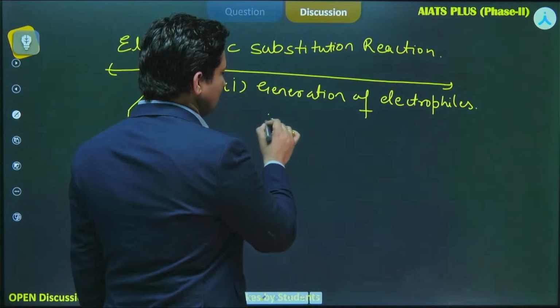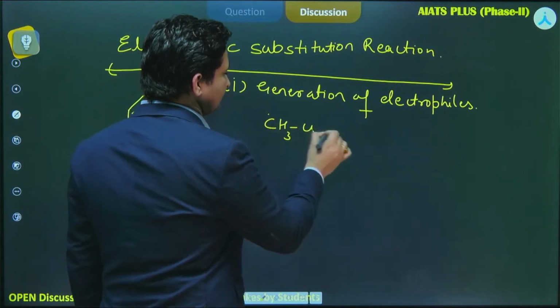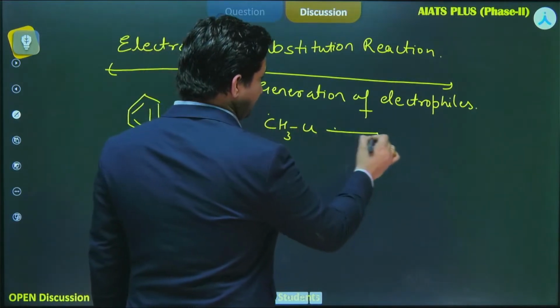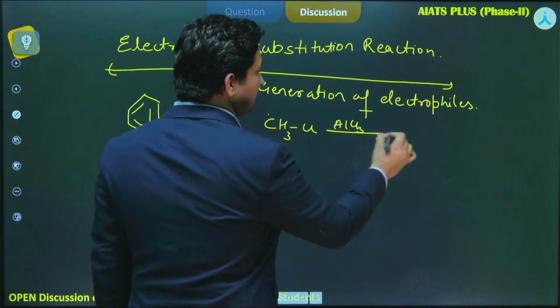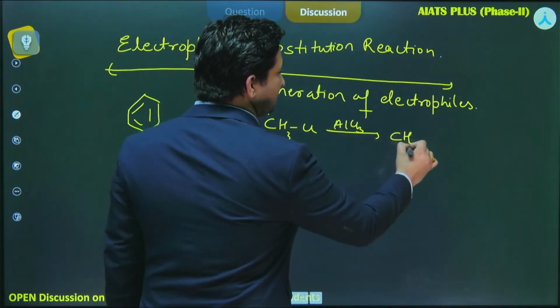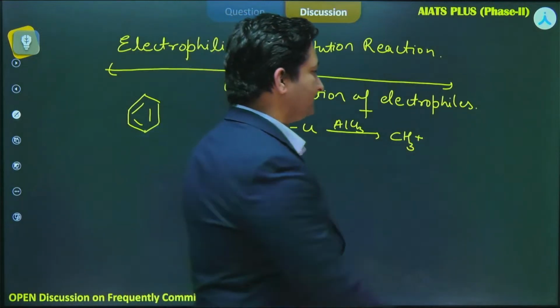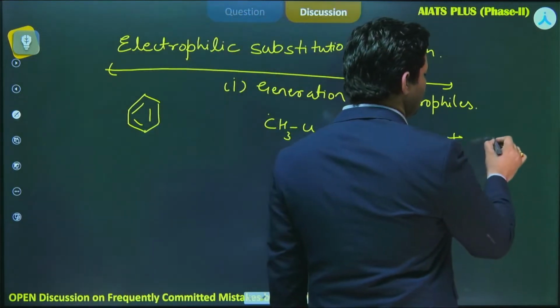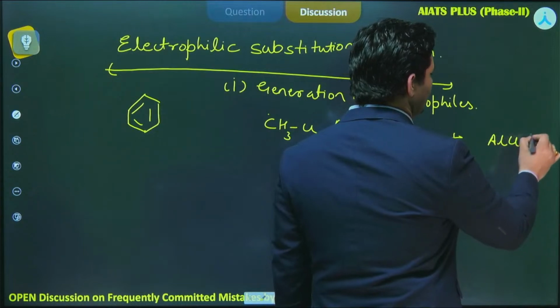So what will happen? This CH3Cl in presence of AlCl3 will form CH3 plus. Okay, this carbocation will be formed, and AlCl4 minus.